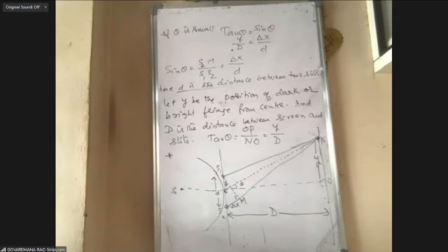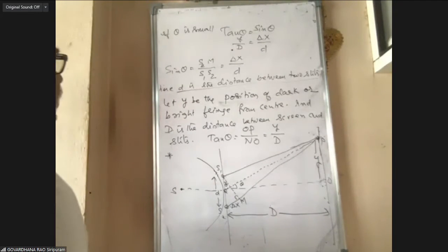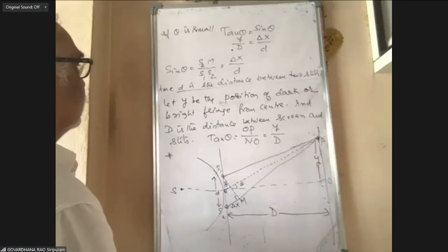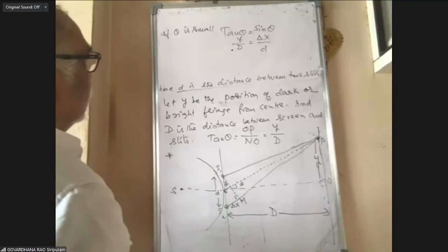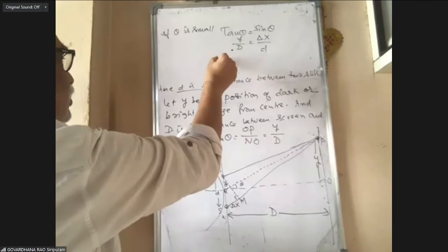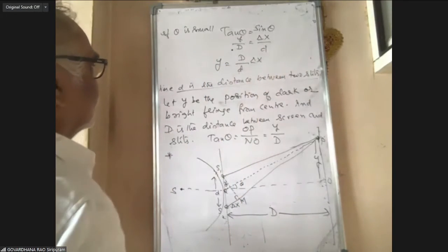Okay, then y equals capital D by small d into delta x.